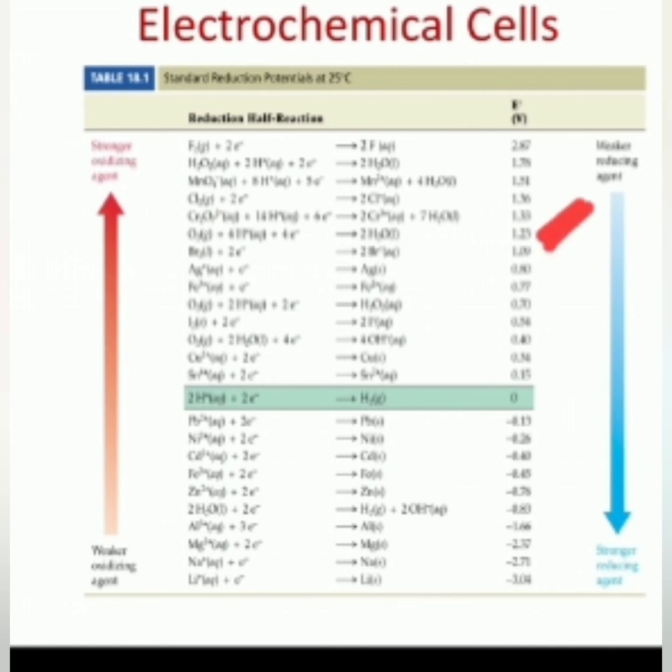So we can remember it: standard reduction potential at 25 degrees Celsius. This table is based on 25 degrees Celsius only.